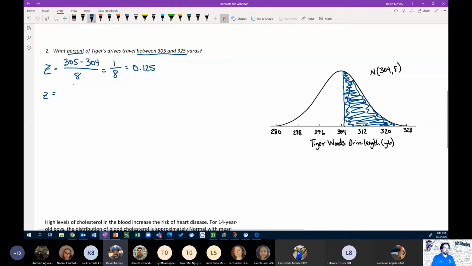The upper bound will be 325 minus 304 divided by 8, which will be 21/8, or 2.625, I believe.